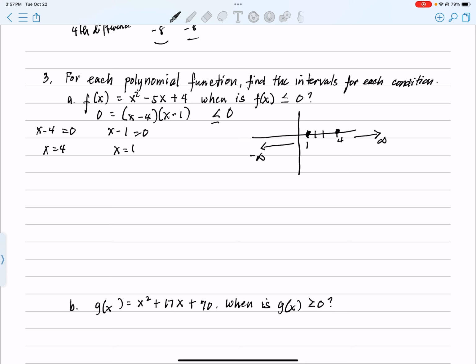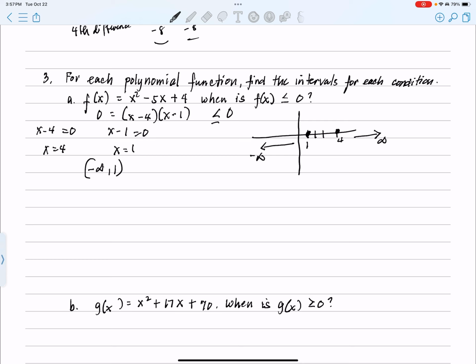Okay, so in this case, I will use the first part here, from negative infinity to 1. What is going to happen with our values there if we substitute a certain value in the function?